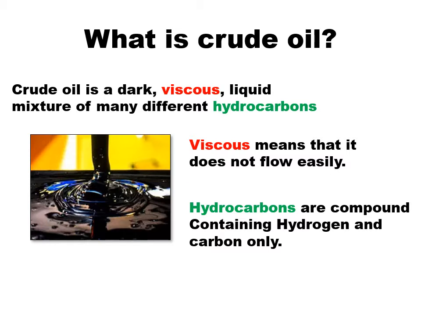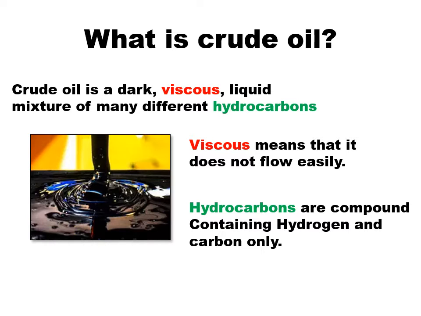Now that we have seen the three types of fossil fuel, we're going to focus mainly on crude oil. We're going to look at what crude oil looks like, and then see in further detail how it is processed from the raw material until we can use it industrially and domestically.